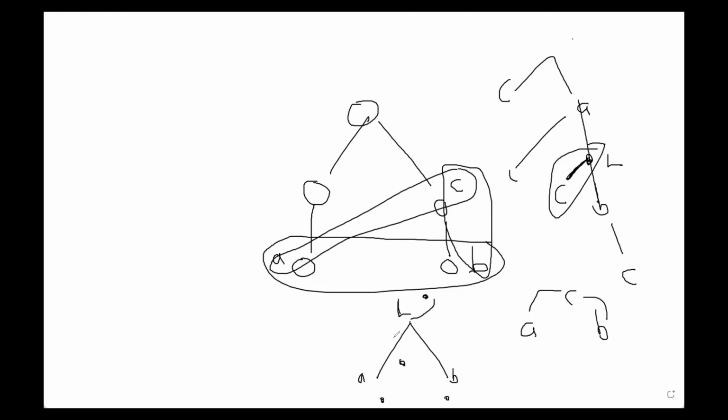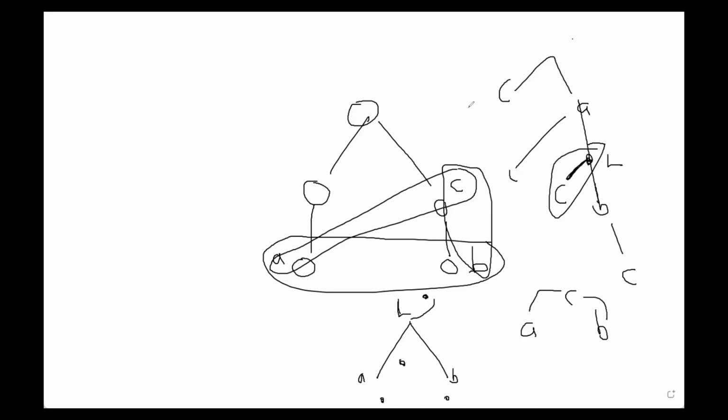If the LCA of C and A is C, then C is on the path. And if the LCA of A and C is not L, not A, and not B, that means C is not on the path. Basically, that's the idea. You just keep doing casework and using LCA to figure out whether it's on the path or not.